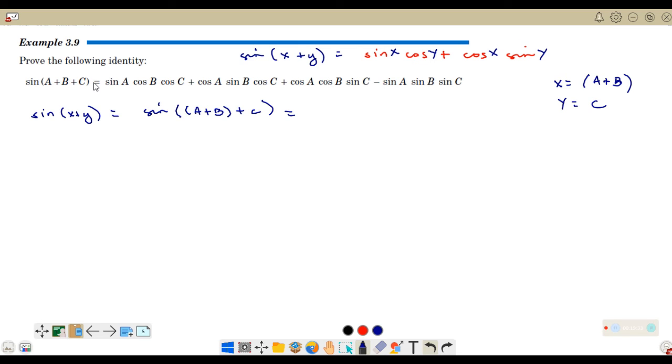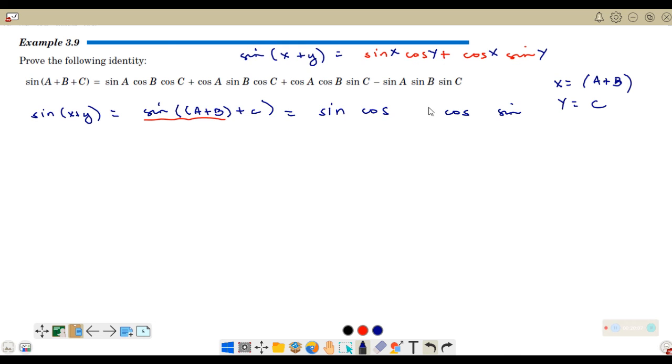Magpe-PEMDAS tayo. So, unahin muna nating sagutin ito. Sin A plus B muna. O kaya, pwede naman na sin A plus B, tapos sin plus C. Okay. So, paano natin siya gagawin? So, we have the property na sin cos sin. So, sin, cos, sin ulit siya.